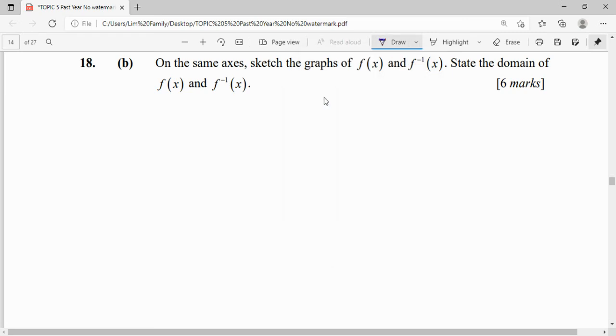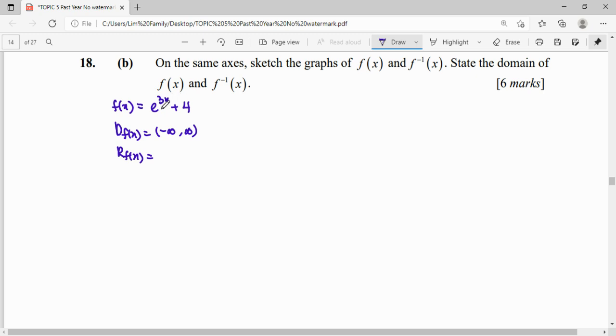So my original function f(x) is e^(3x)+4. For this domain, it will be negative infinity to infinity because it's not a special case, but for range, we can read for range here.